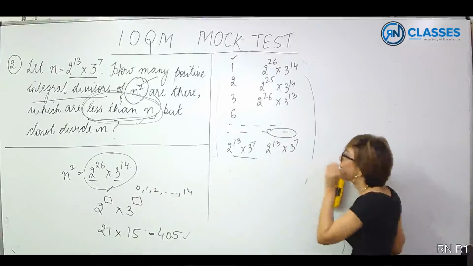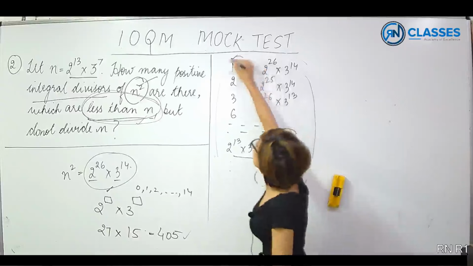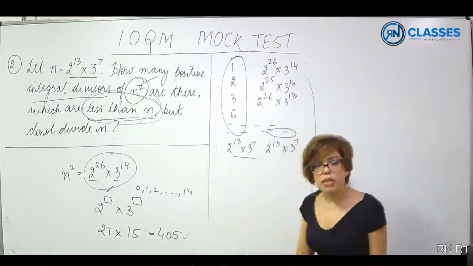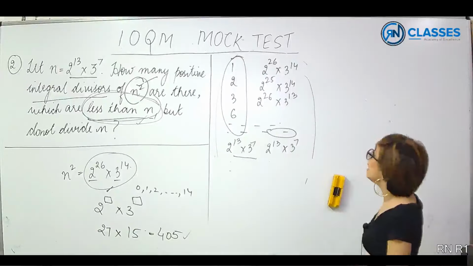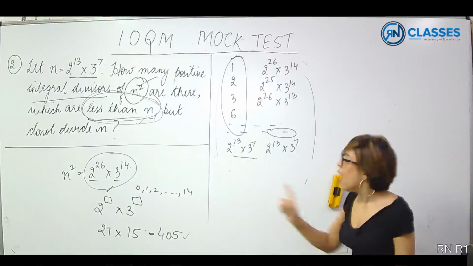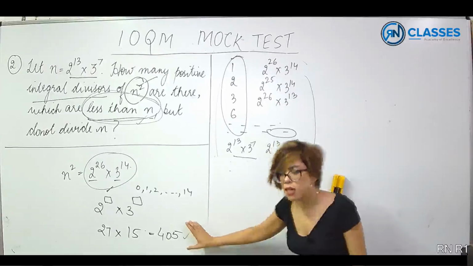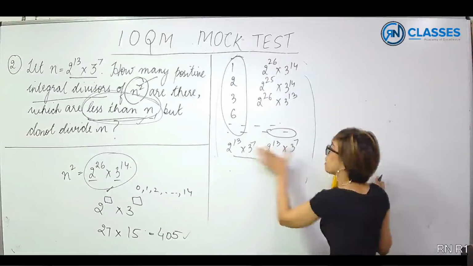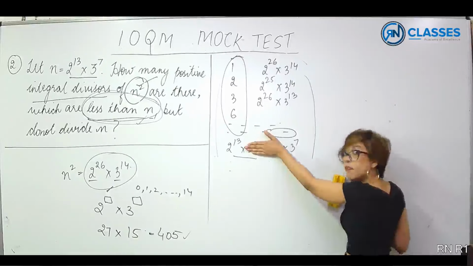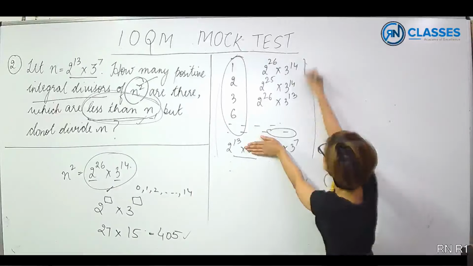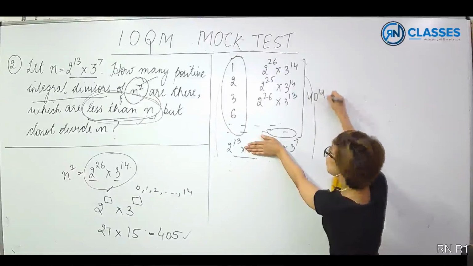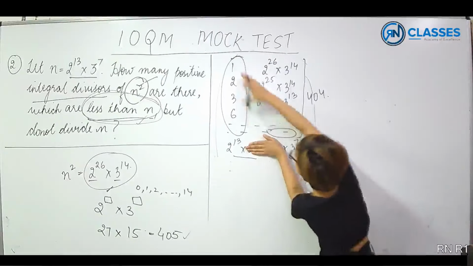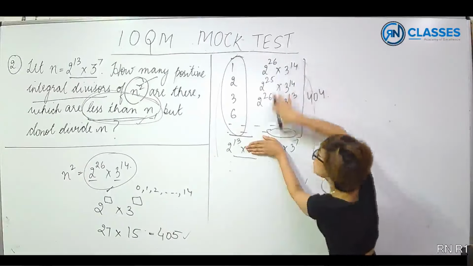So, basically, I need to count all of these. How do I count it? Mind it, pairing is already there. There are 405 factors, right? In the last one, this factor is being repeated. So that means just leave this one factor. That means I am left with how many? 404. Obviously, half of these come in this one and half of these come in this one.